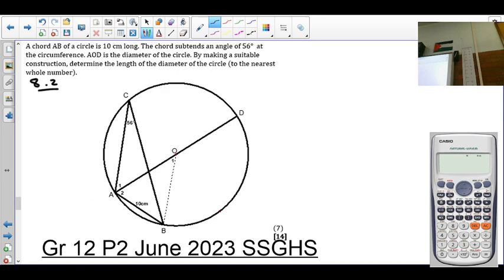We are told that chord AB of a circle is 10 centimeters long. Okay, so it's marked already. Let's align this chord quickly.